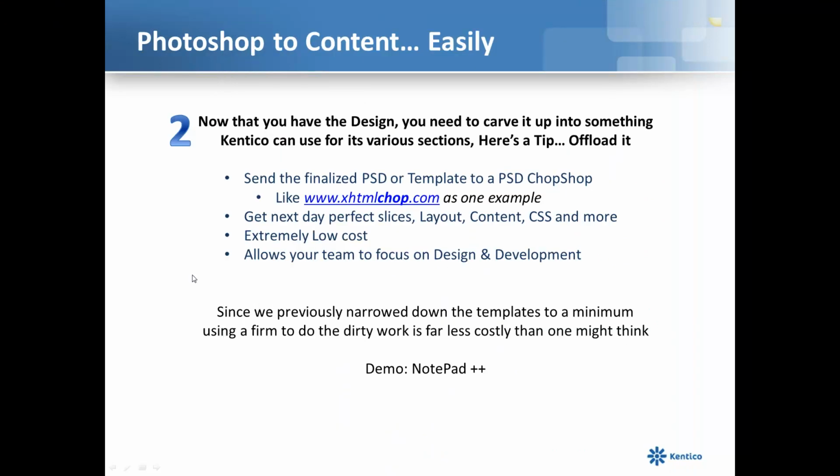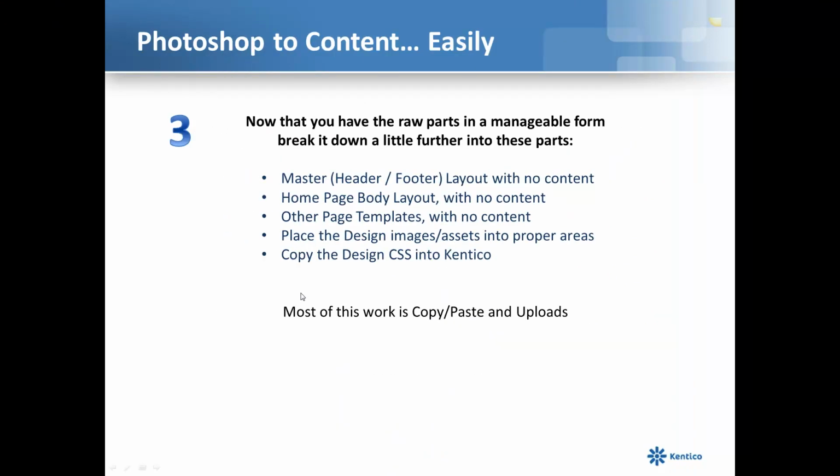So looking at that, the third step of the 4 steps to knock this thing out really quickly is, now that you have the raw parts in a manageable form, to break it down a little bit further. As we talked about in the first step, you want to break down your master, header, footer kind of layout, but we don't want content because we're going to add the content with web parts. So we basically go into the HTML code and knock out all the content, and I put in those Kentico web part zone containers, that one control that you need to actually hold a web part, and replace all those pieces with that.